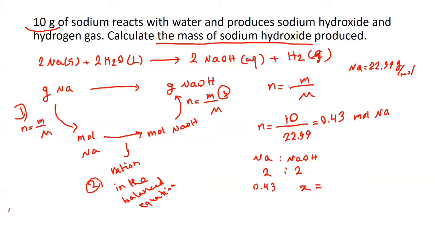However, if they're not equal, to find X you can say 2 over 0.43 equals 2 over X, and then find X. But in this case, because they are 1 to 1, it equals 0.43 mole of NaOH. Right now I have moles of NaOH.